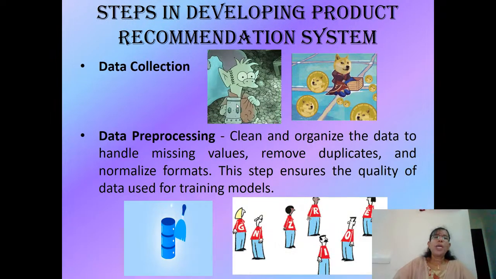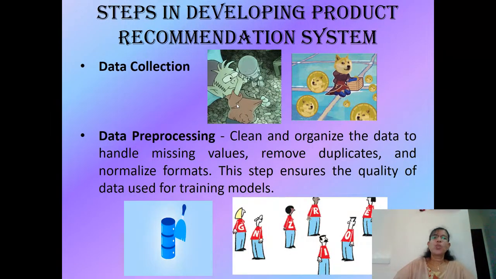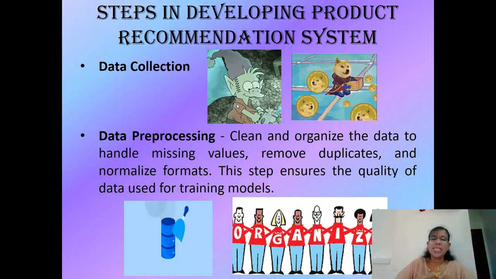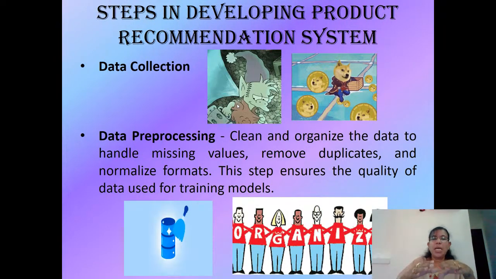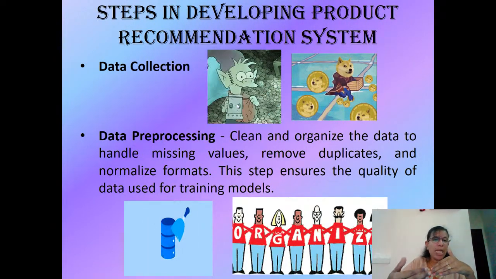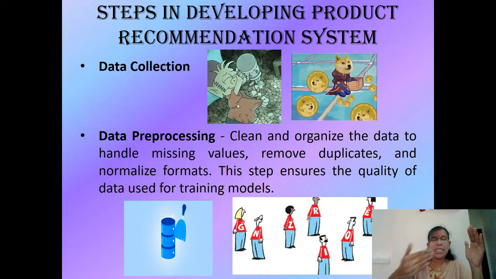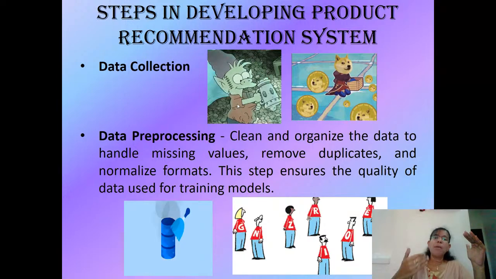Now we are going to see what are the steps involved in developing the product recommendation system. The first step is data collection. As I said, we need to collect the data. Say for example, you have been using the Amazon app for maybe 10 years. So until now, for the past 10 years, you are using the Amazon website.